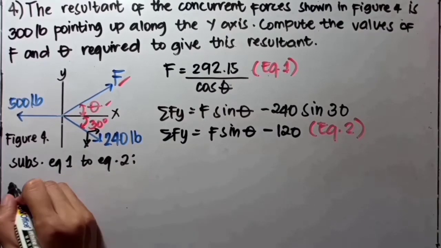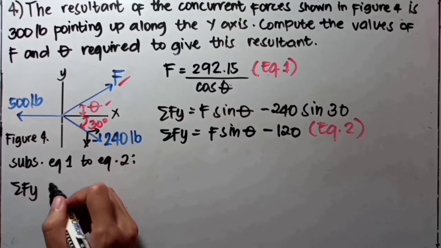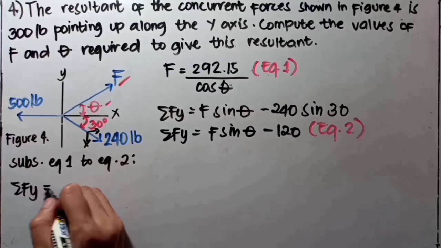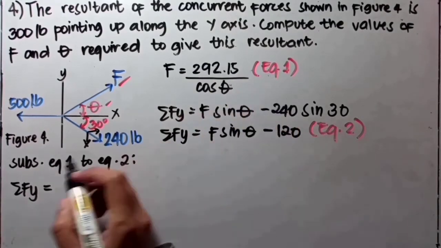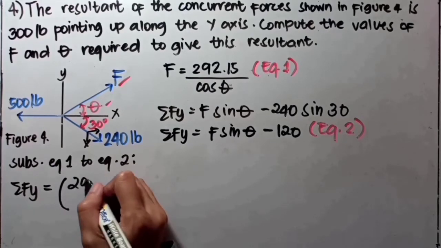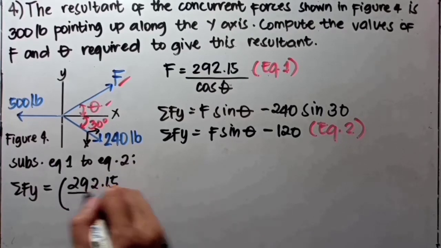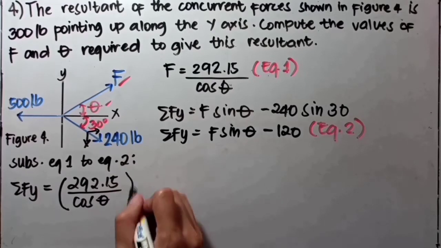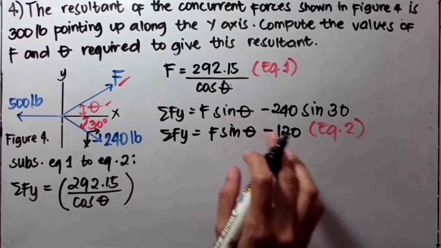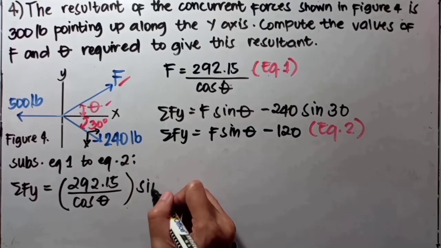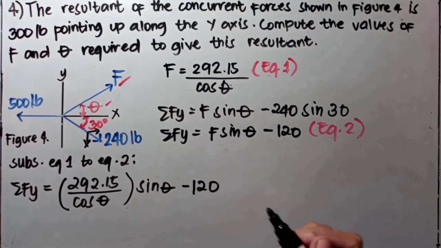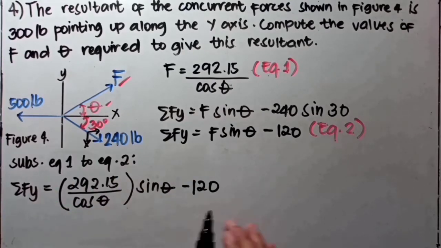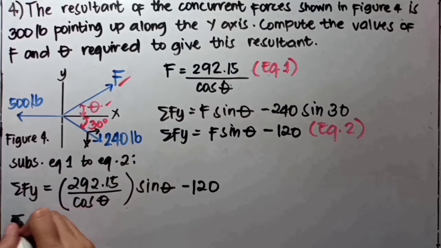So, ang mangyayari, magiging summation forces Y, ito ang equation 2, is equals to, since ang F dito ay may value dito sa equation 1, gagamitin natin yung value ng equation 1, which is 292.15 all over cosine theta. And then, since sine ang next, isusulat lang natin sine theta, minus 120.